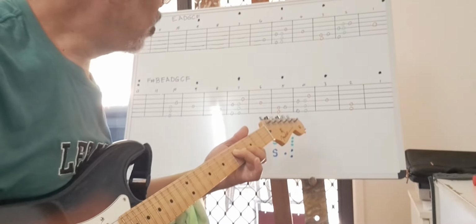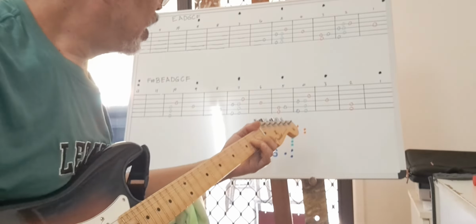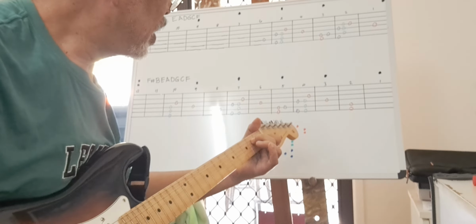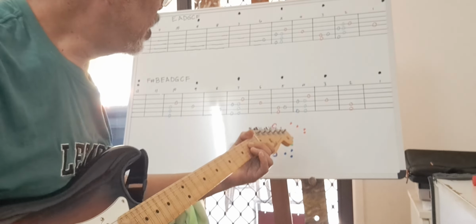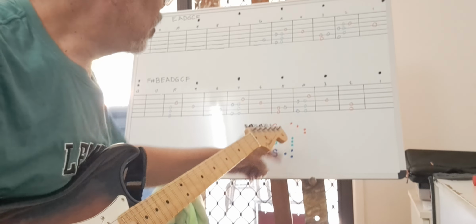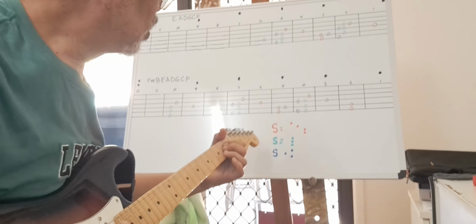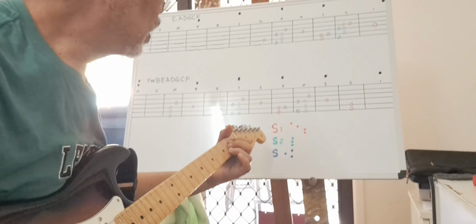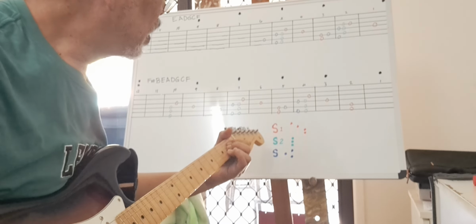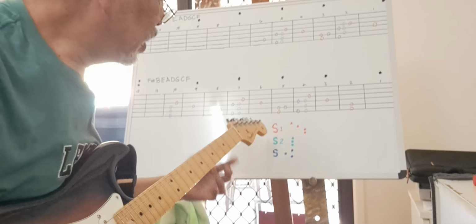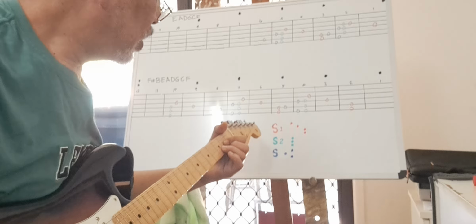Okay, so that's shape 1. And shape 2 is like an A chord, and shape 3 is like a D chord.